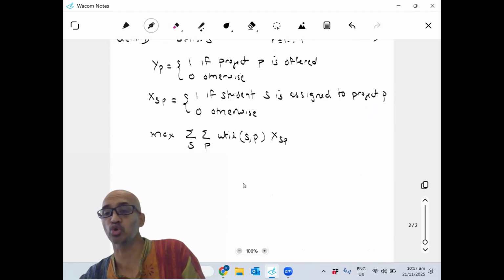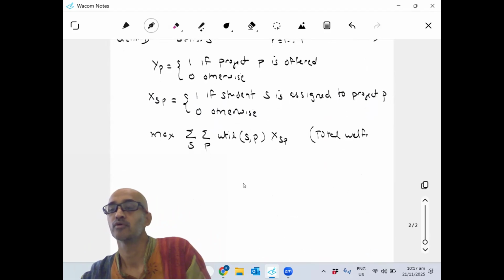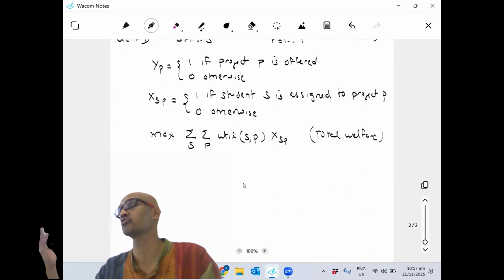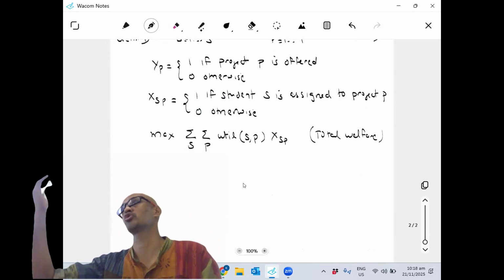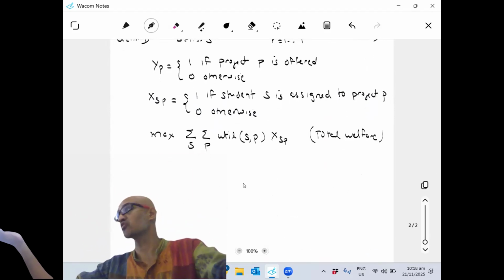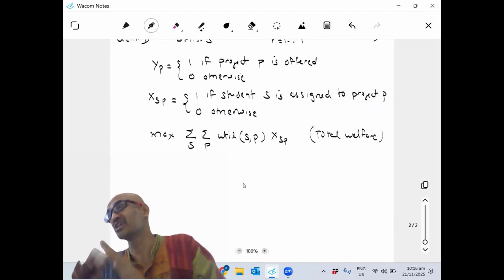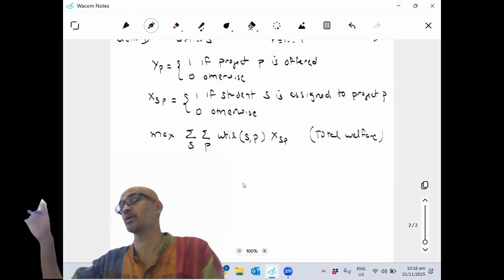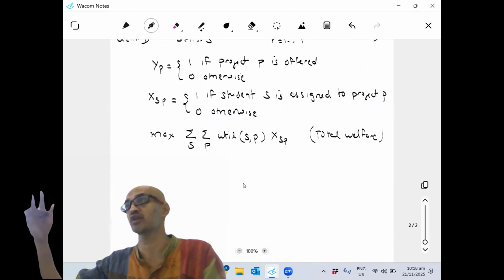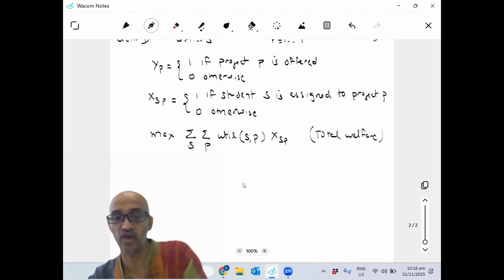So this is like a total welfare objective. You're trying to maximize the total welfare of the students. You want to get maximum utility in the system. So that's a very reasonable objective. There are some other objectives which you can look at, which is fairness, and we can talk about that if you want. Okay, what are the constraints?